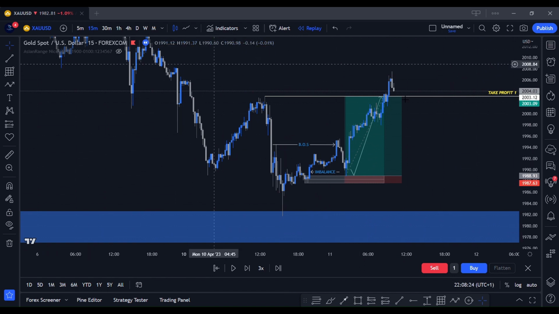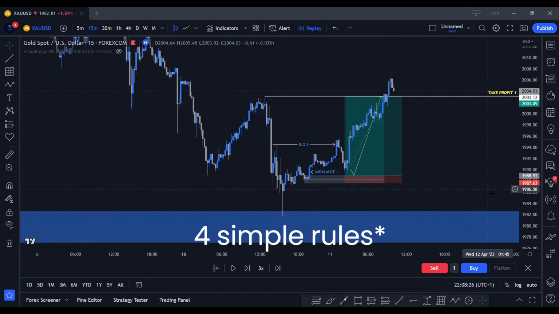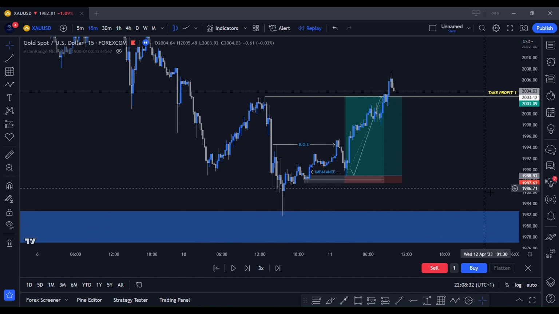So it's literally 3 simple steps. First, identifying the market structure on the higher time frames and finding a high probable area of interest, or point of interest, or order block, whatever you call it. Then go on a lower time frame, finding the last swing that caused the break of structure to your point of interest.